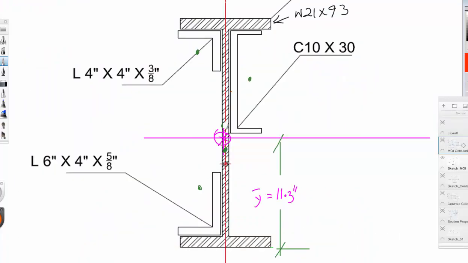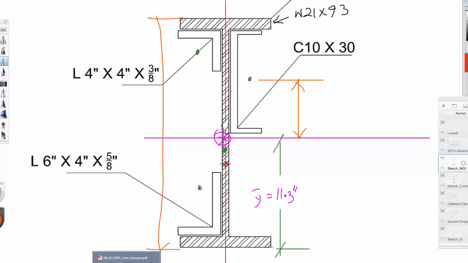Now for the y, this is the distance that we would like to get, from here to here. To get this distance, I would go to the entire distance from here to here, which is the depth of the section, 21 something. Then I'll subtract this thickness of the flange, which is 0.93.